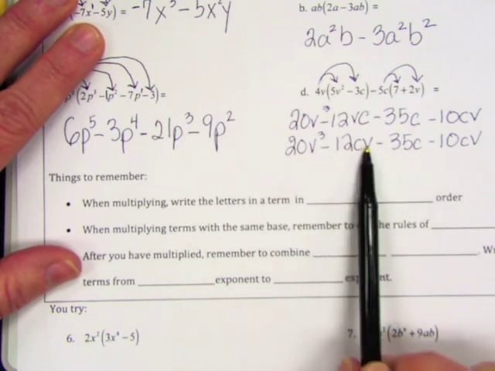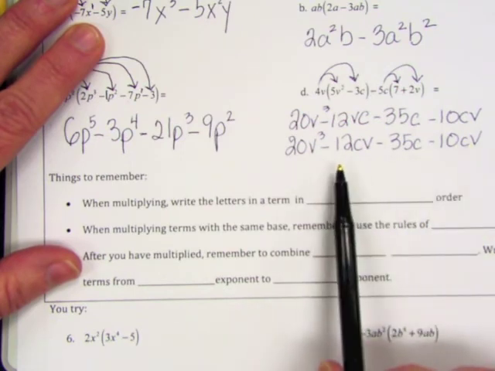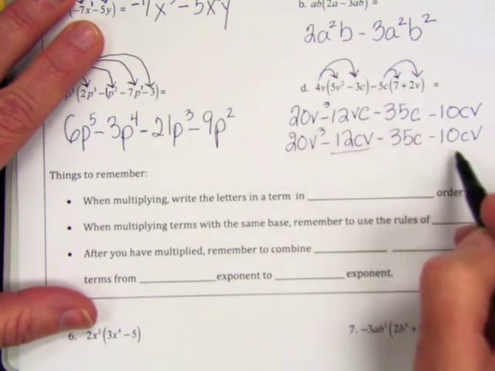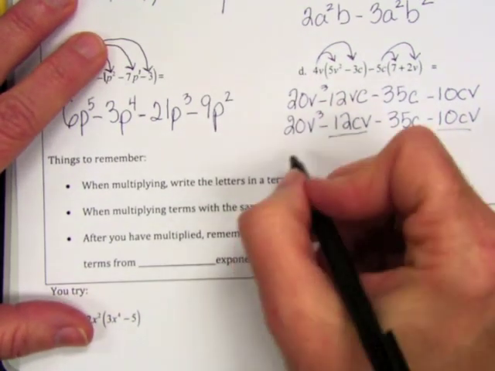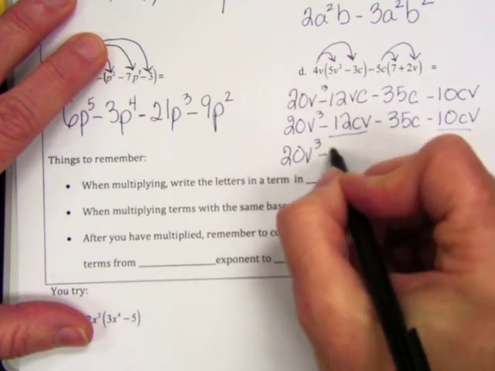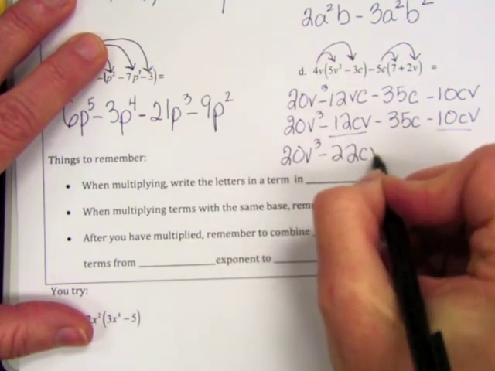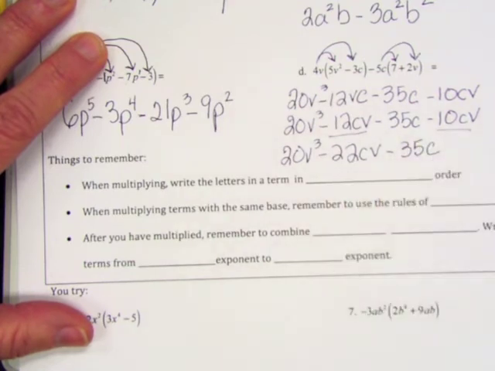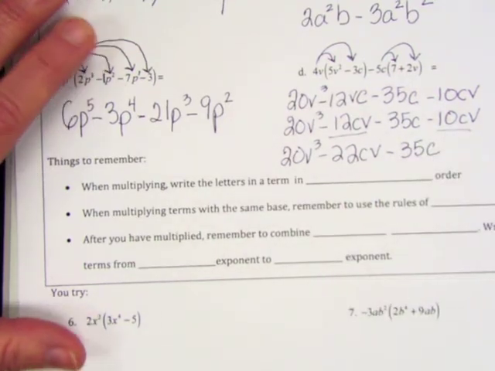When they're in alphabetical order, it's easier to detect that they are like terms. And they are. So these are the only 2 terms that we can combine. So that's going to be 20b cubed minus 22cb minus 35c. And that is the final answer for that one.